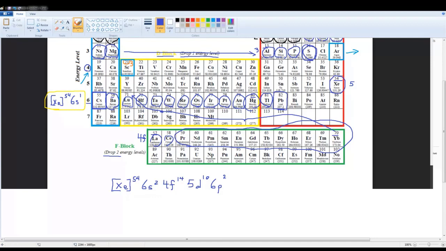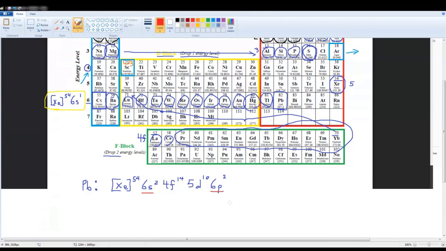Now, how many valence electrons does an atom of lead have? Remember, the valence electrons are the outermost electrons. It's going to actually be only 4, because the highest energy level electrons are going to be your 6s and your 6p.